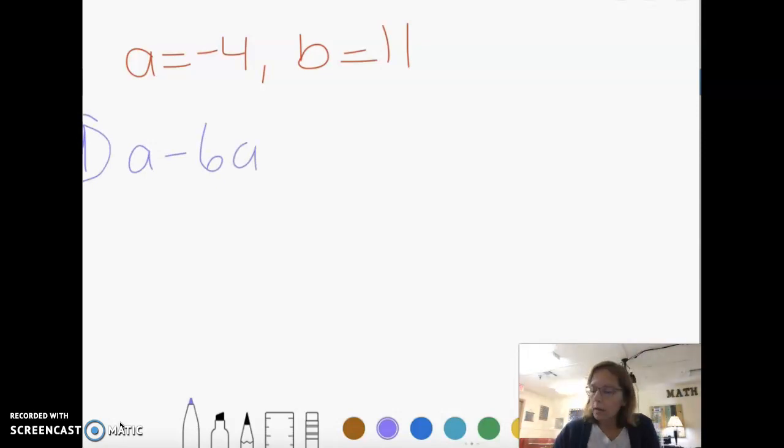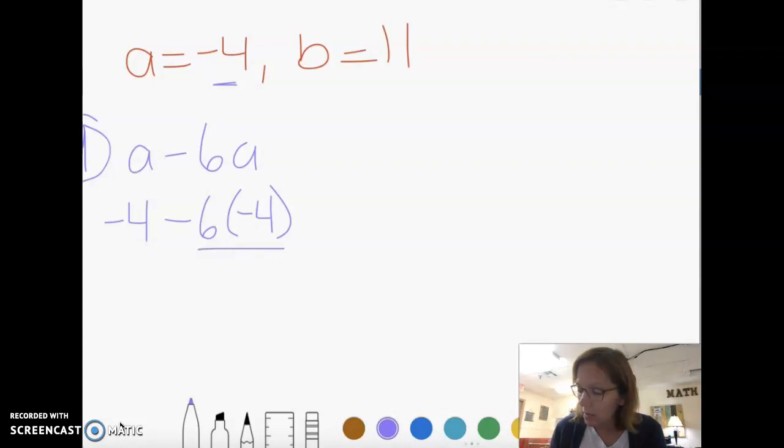So in other words, I'm just going to plug in negative 4 for both of these A's. So that gives me negative 4 minus 6 times negative 4. Okay, remember when two things are written next to each other, it means multiply. So order of operations says I have to do multiplication first. So I'm just going to bring the negative 4 down.